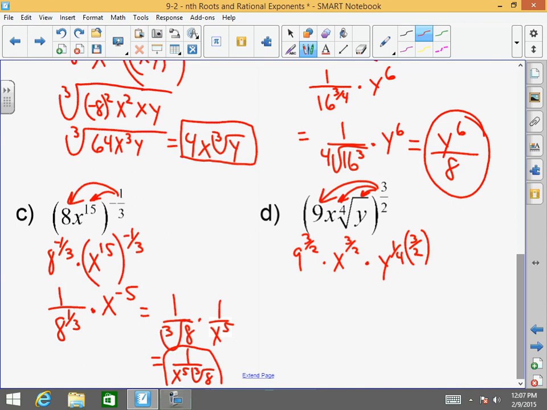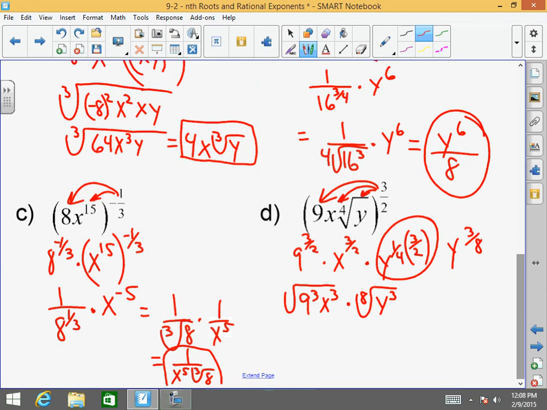This is going to give me the square root of 9 cubed x cubed times the 8th root of y cubed. How did that work out? Because here, this is y to the 3/8.